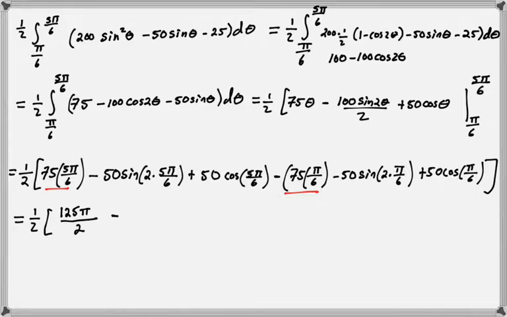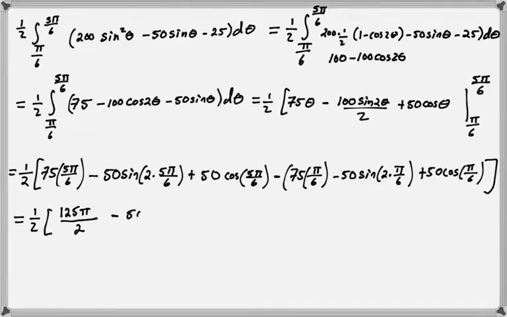The 6 goes into the 75 25 times, and then times 5 would be 125. Okay. I don't think we're going to combine these just yet.